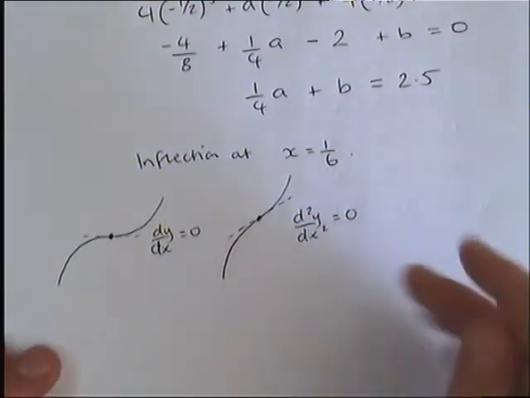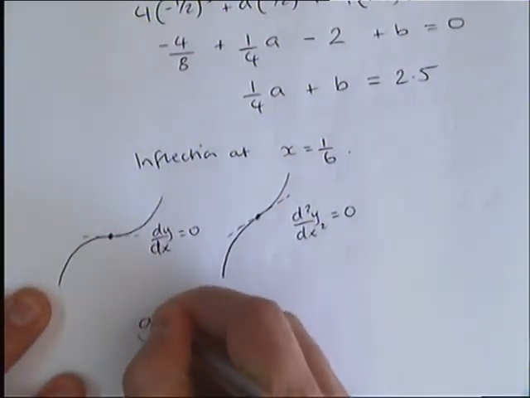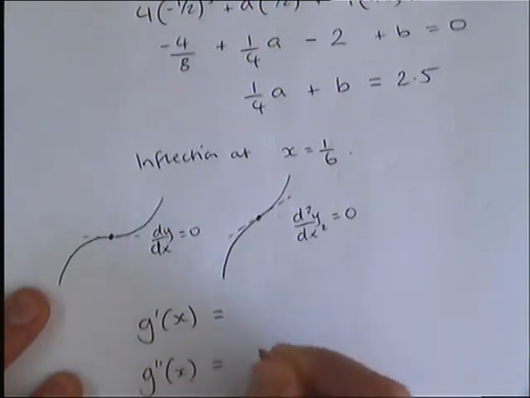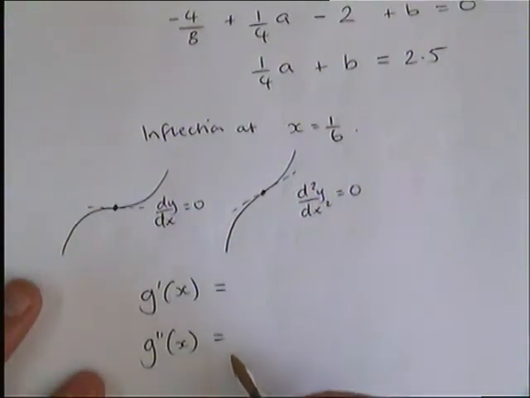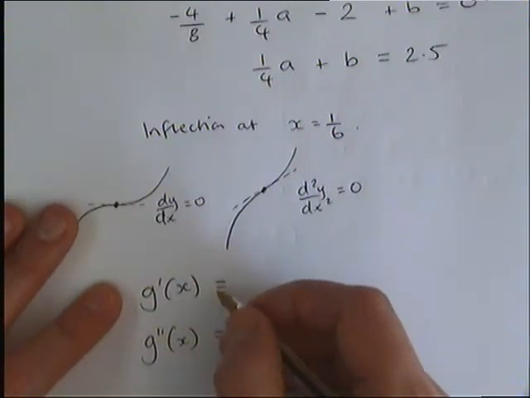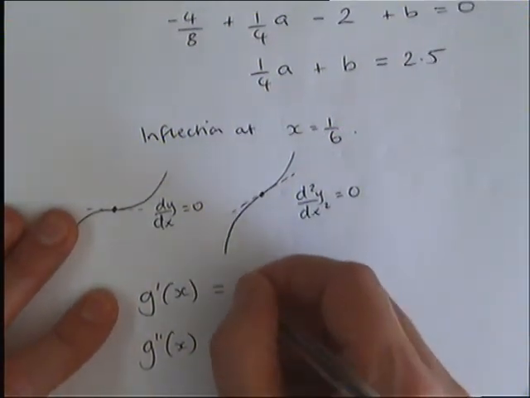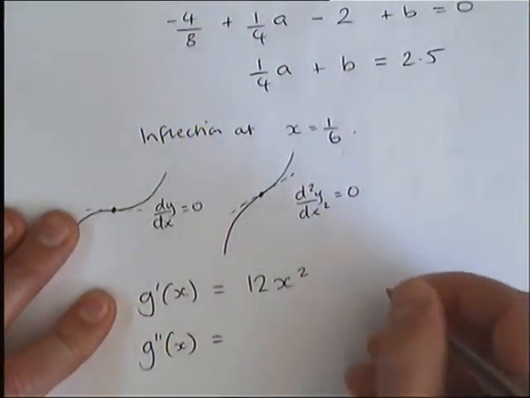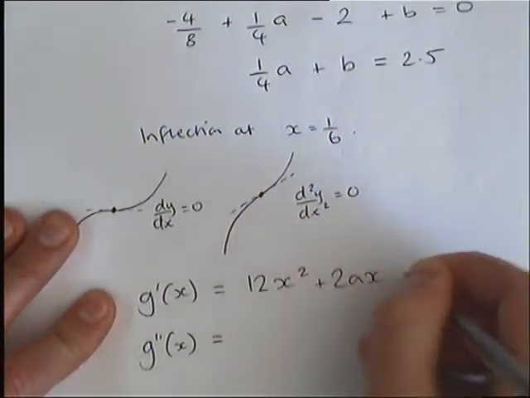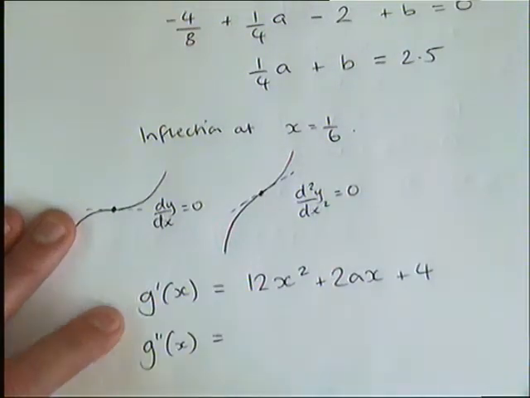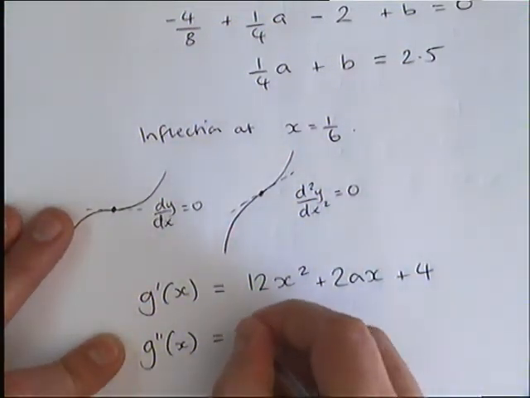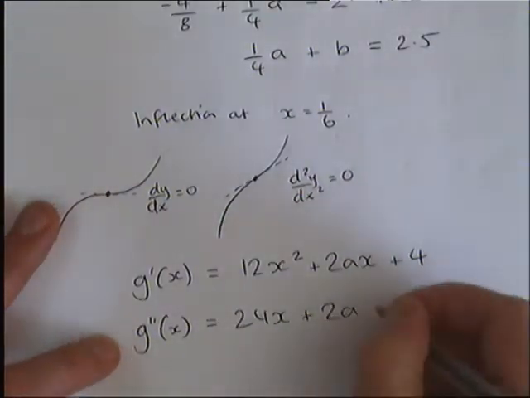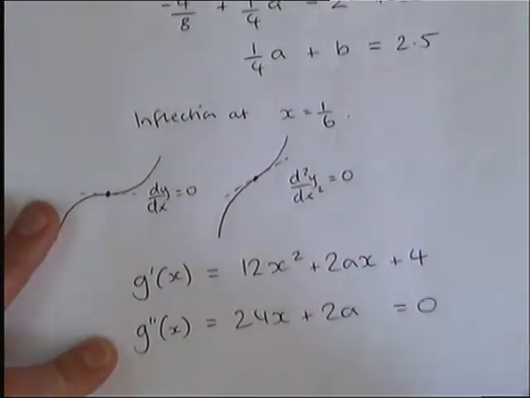The second derivative, so g dashed x and then g double dashed x, that's the one I need, and that one is going to equal 0. So the derivative of g of x is 12x squared plus 2ax plus 4, and then the second derivative is 24x plus 2a, and this is what has to equal 0.